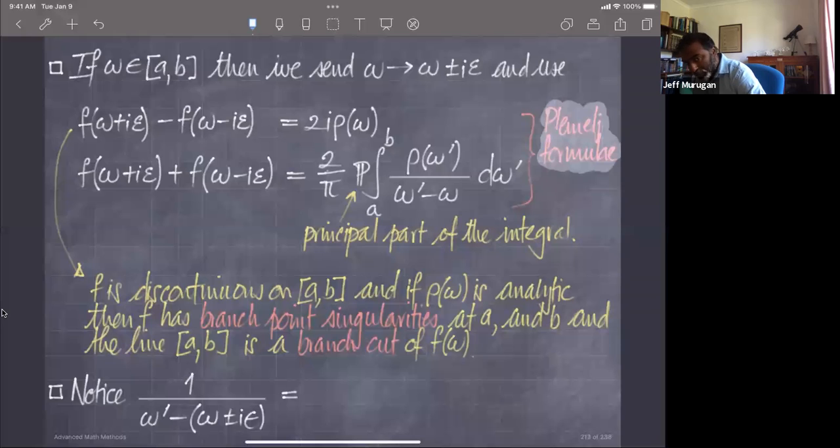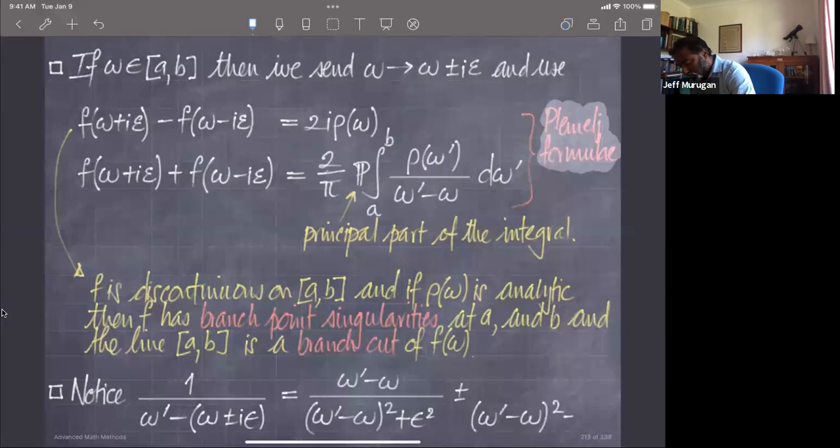I'm going to write it as omega prime minus omega squared plus epsilon squared in the denominator, and in the numerator a factor of omega prime minus omega, plus or minus an i epsilon.